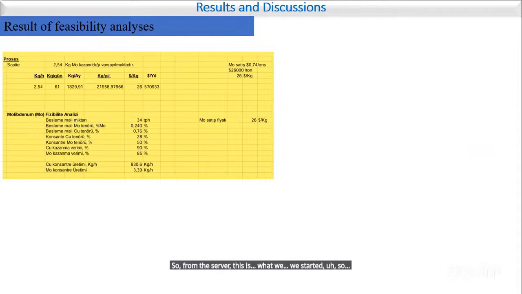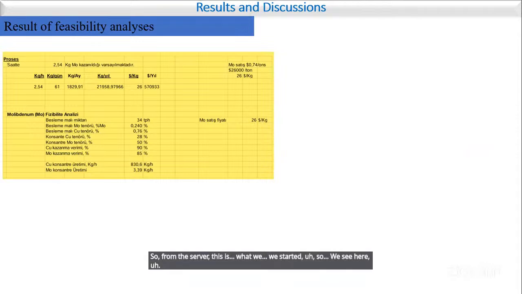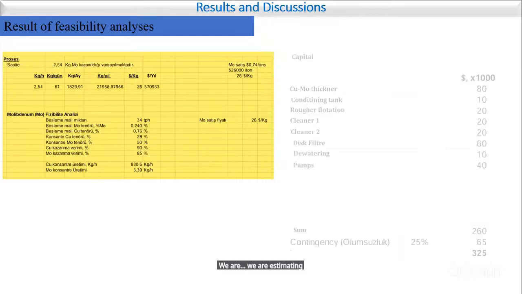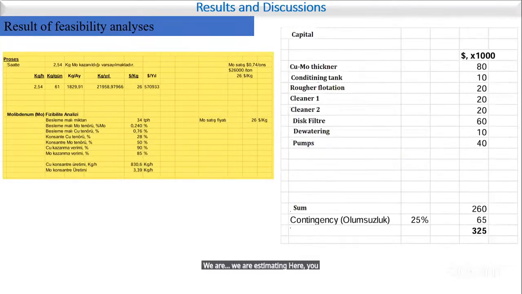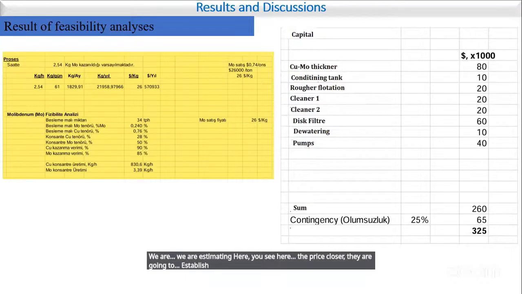So from the economic analysis, this is what we started. We see here we have the feed and also the equipment we are estimating. Here you see the price, because they are going to establish and process a flotation unit in their company.